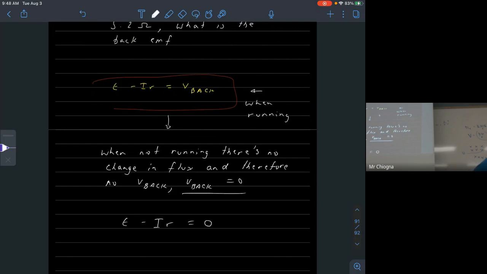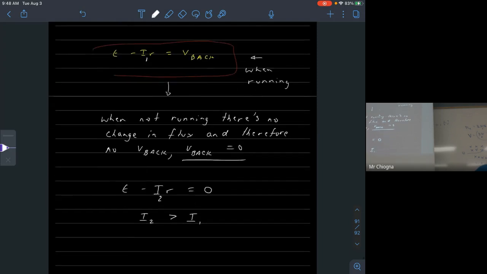Okay, it's important to distinguish. You could call this I2 and this I1. It's a different current. When it's not running, I2 is going to be greater. I2 is the current when it's not running. And then when it starts to run, when it spins, because it's a back EMF, the original current is reduced.